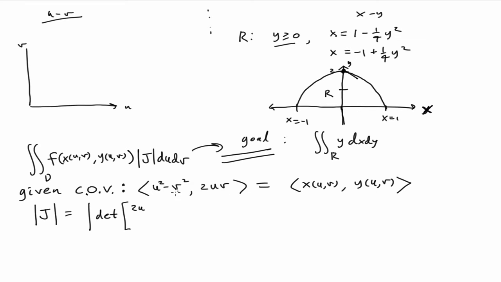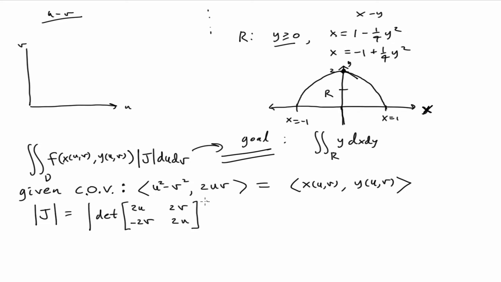Okay, and we know the partial derivative of the y function with respect to u is going to be 2v, because when we take the derivative of this with respect to u, 2v is the constant that sits out front. Now we do the same thing for v. We take the partial of x with respect to v, we get minus 2v, and then finally here we take the partial of y with respect to v, we get 2u.